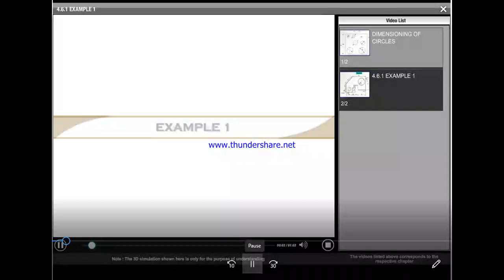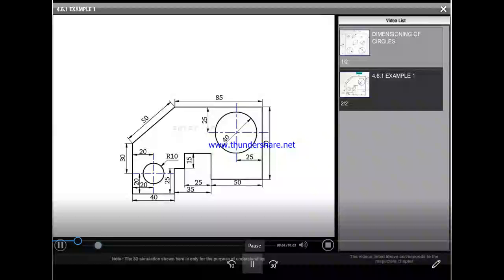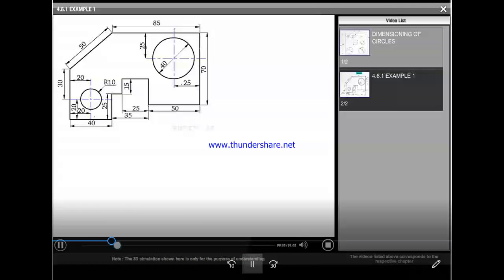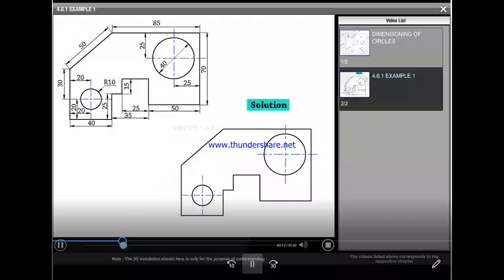Dimensioning practice. The given view contains dimensions represented wrongly. The view is to be neatly redrawn, and all the dimensions are to be neatly represented as per the norms. The dimensions are to be represented outside the view. Clear distance should be provided between the outline and the dimension line.